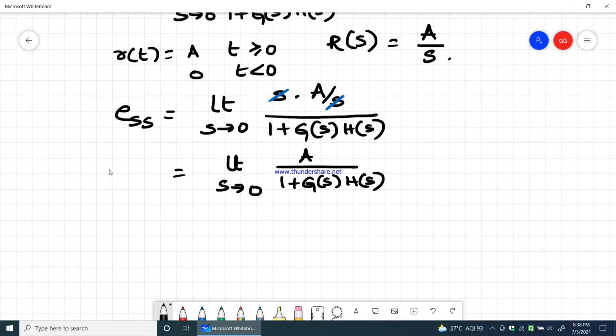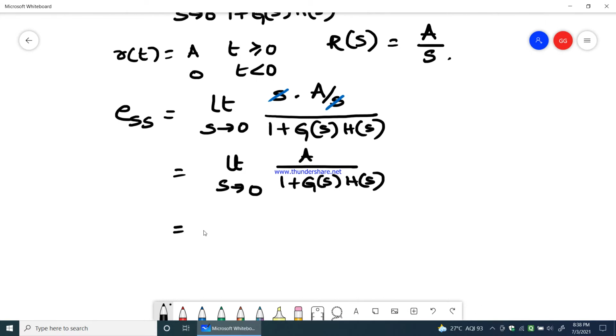Which is equal to, I will take A as constant and also 1 is constant, plus limit s tends to 0 of G of s into H of s.